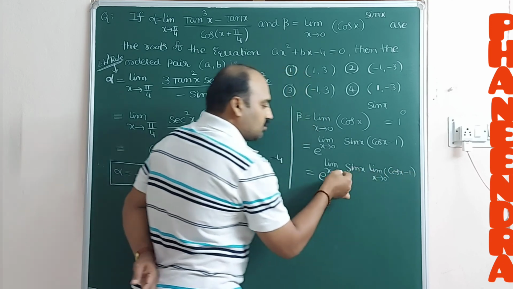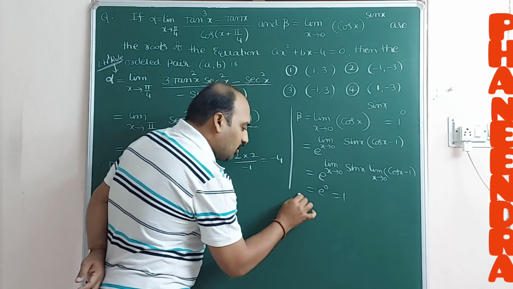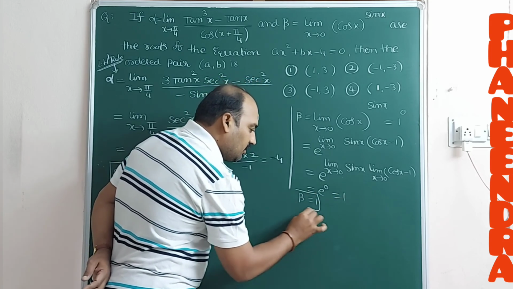Now if you substitute x equal to 0, sin 0 is 0, and 0 into anything is 0, e power 0 is 1. So therefore beta is equal to 1.